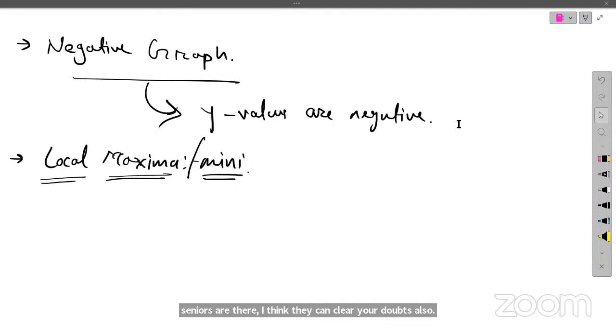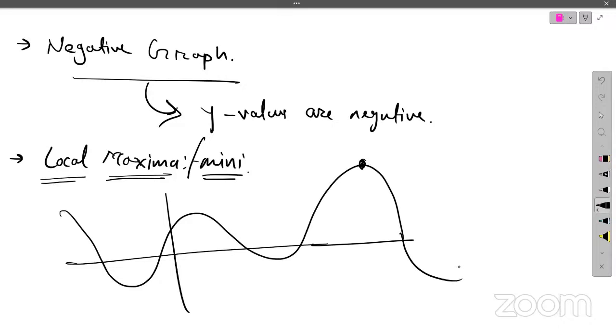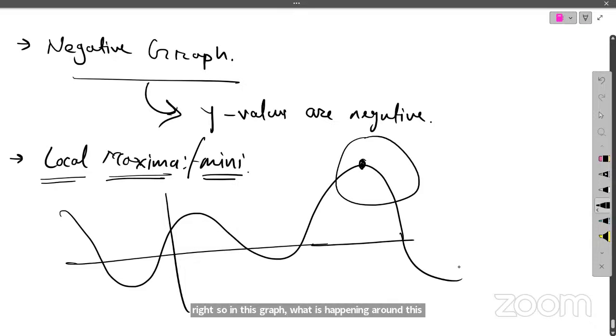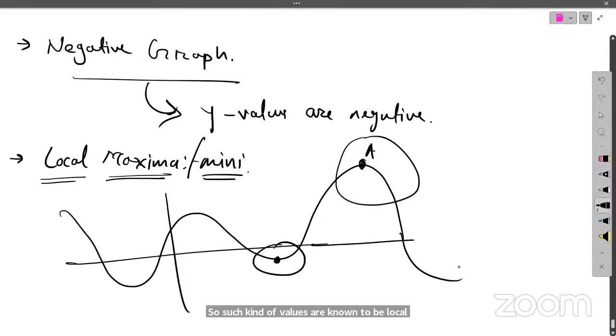So yeah, about local maxima and minima. Local maxima means, suppose this is your graph. In this graph, if you compute the value around this point A, then you know that this is the highest point a function can achieve over this particular small ball. Such values are known as local maximum. Around the point B, the value of the function will be minimum, so this is a local minimum.